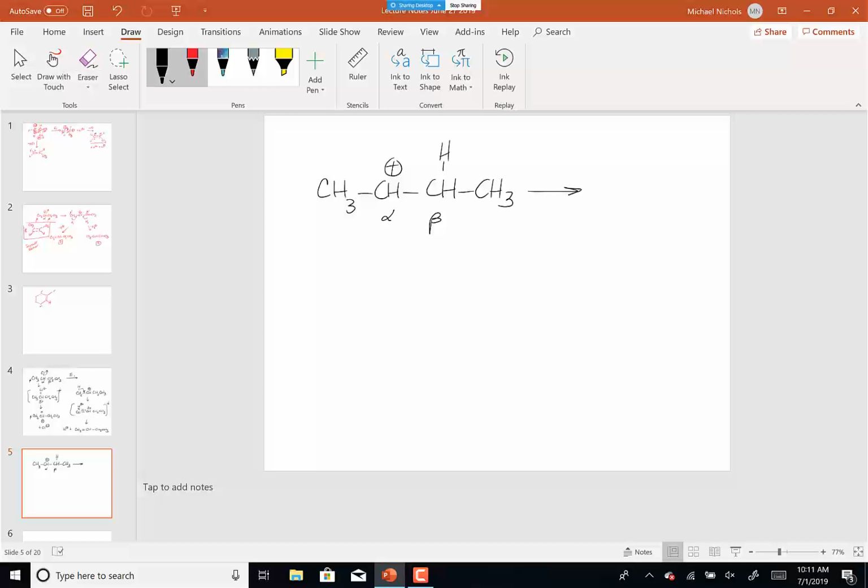So you're going to do the same thing I just did, which is that pair of electrons from the CH bond is going to go to form the double bond, and then you're going to lose now the beta hydrogen on the right. And then you're going to write the transition state and the second alkene.